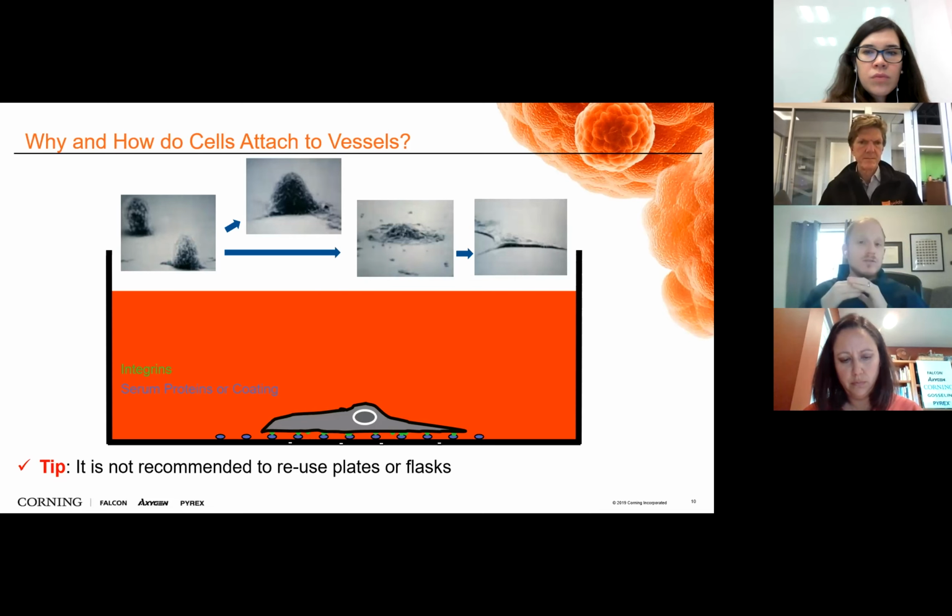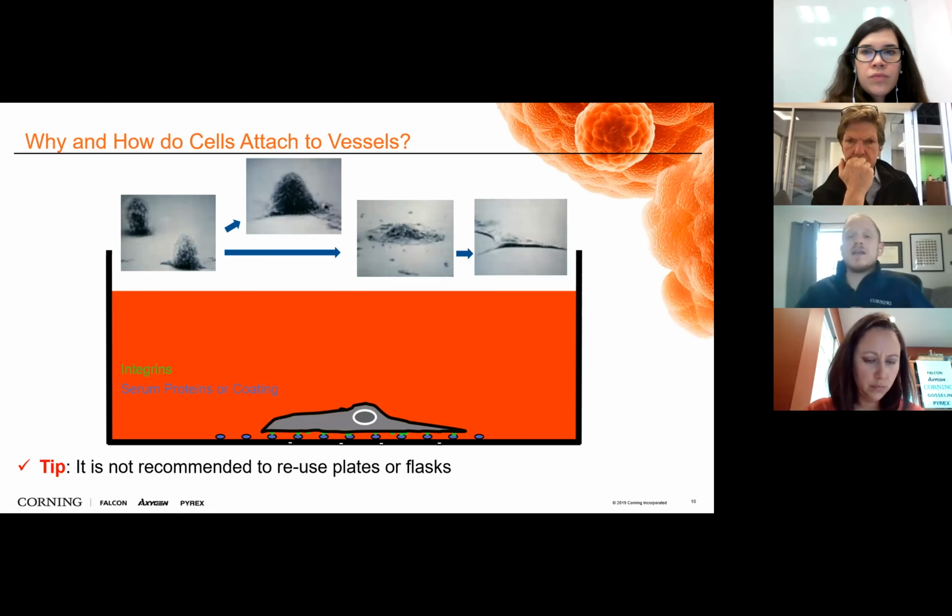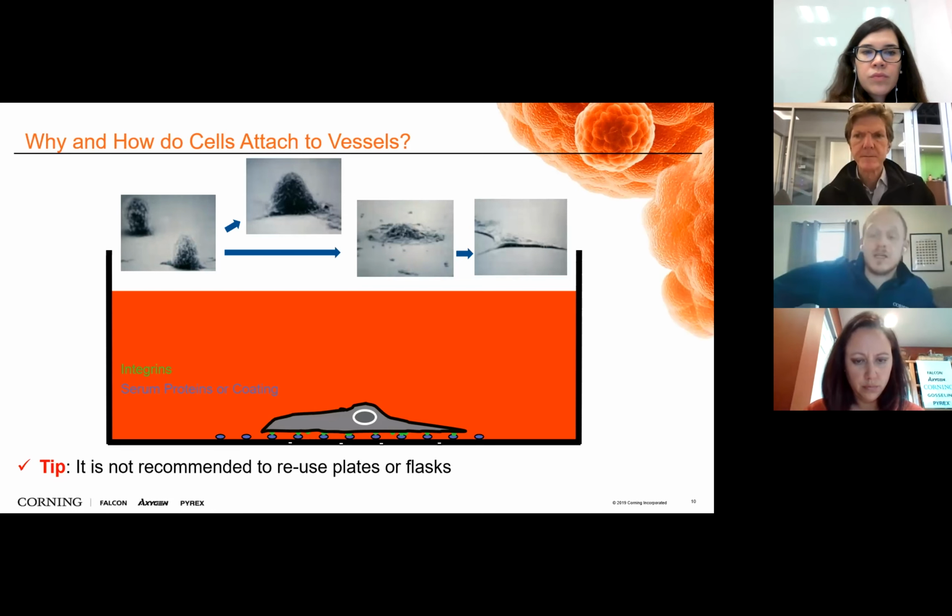And so you're going to increase variability into your cell culture because many of those proteins that had coated the vessel in your first experiment will be left over. And when your cells go to try to adhere, they may not be the optimal proteins. They may be covered due to cell debris. So it really introduces variability into your cell culture, and that's why it's not recommended to reuse the tissue culture plates or flasks.